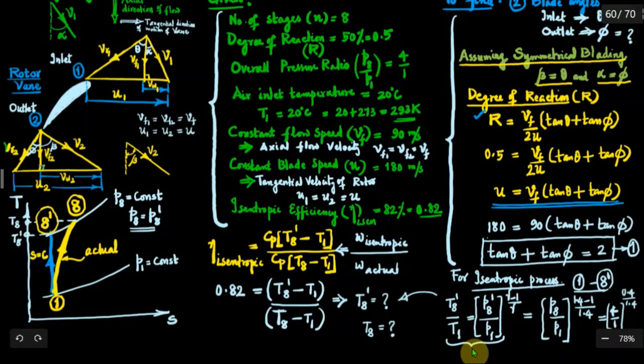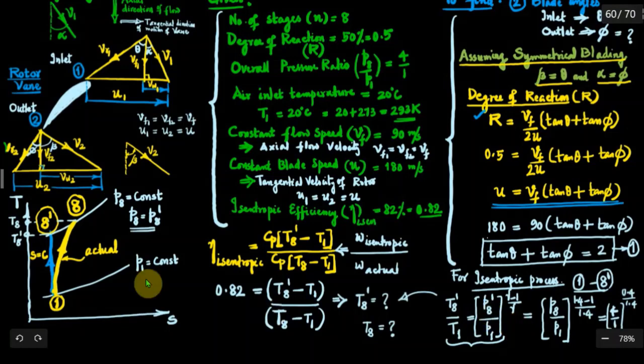Then from the isentropic relations, the temperature ratio and pressure ratio connection for an isentropic process. Consider 1 to 8 dash, not 1 to 8. 1 to 8 dash is the isentropic compression process. For that, you establish the temperature and pressure relation. T8 dash by T1 is equal to P8 dash by P1 raised to gamma minus 1 by gamma.